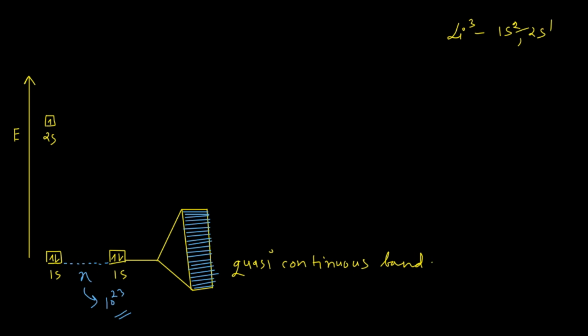And then you are having a very high number of these, which is n here. Again I am writing 10 to the power 23 of n such 2s orbitals, which are having only one electron, and then you are having another one of 2s, right?